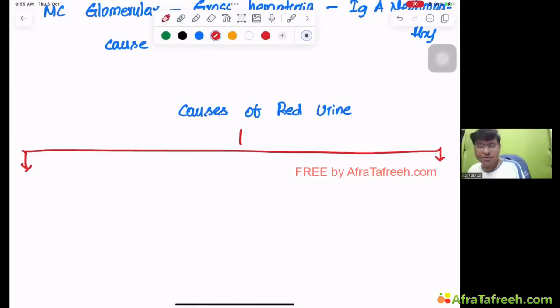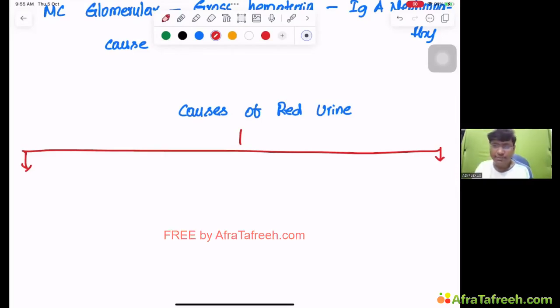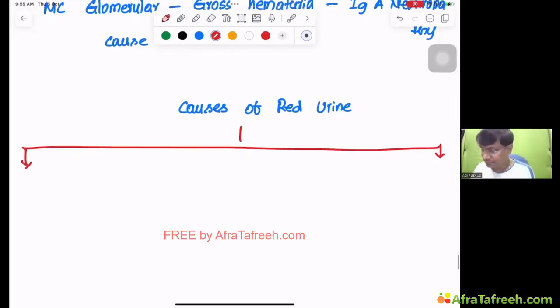Not rifampicin. With rifampicin, orange colored urination will be there. Yes, Hari and Monisha, it will be, and even Jacob. So it will be orange colored urination with rifampicin. Any one of you? I'll tell you the drug.